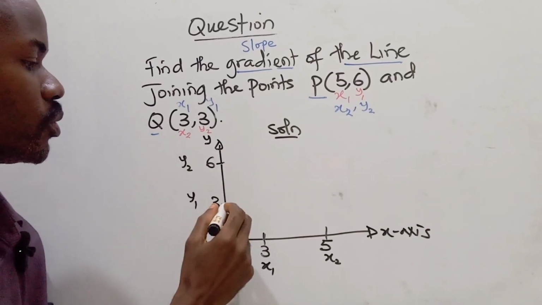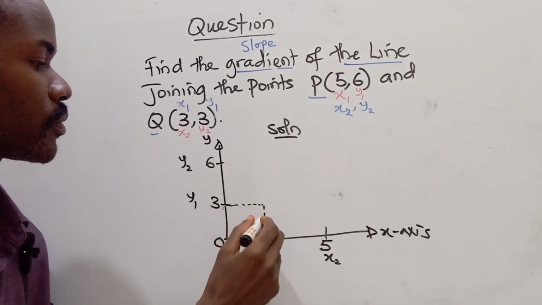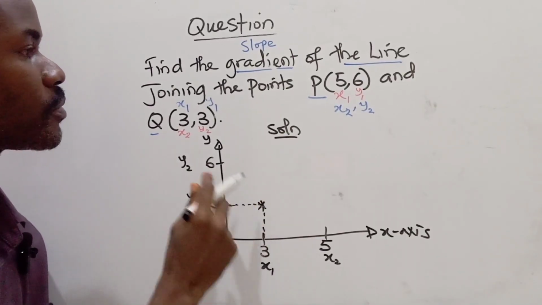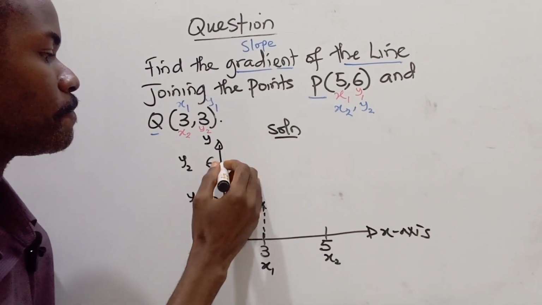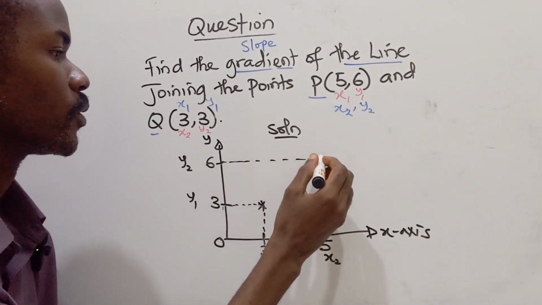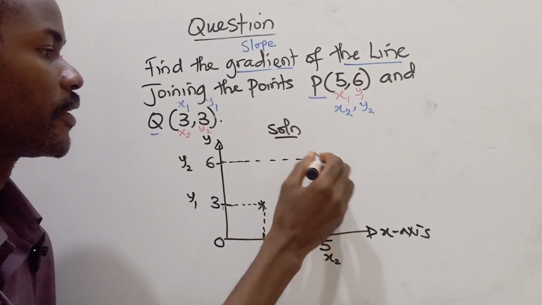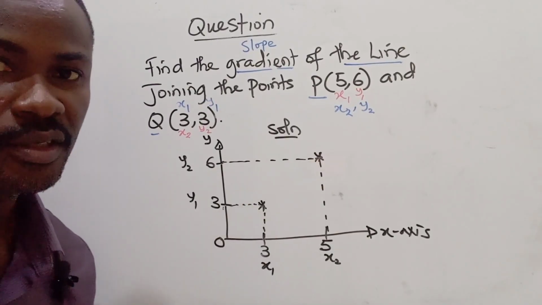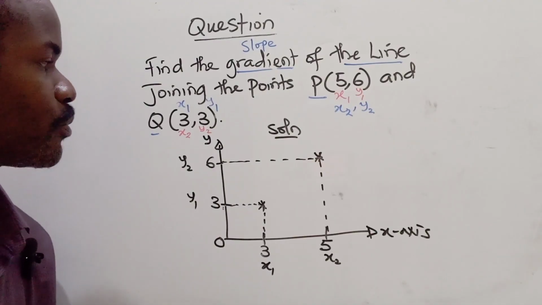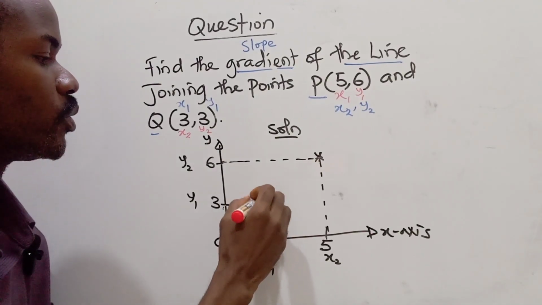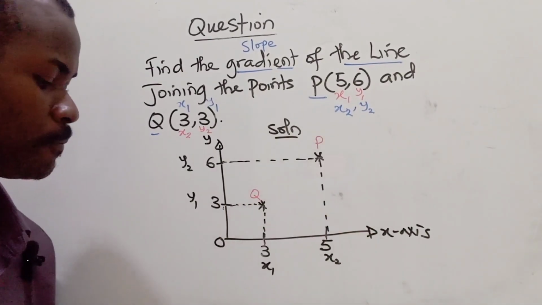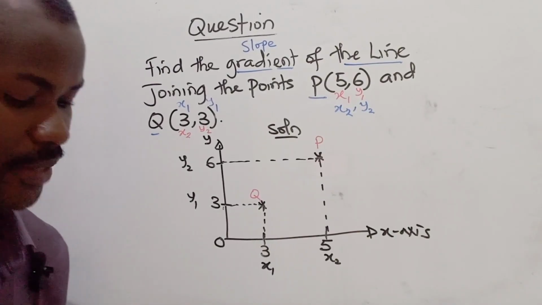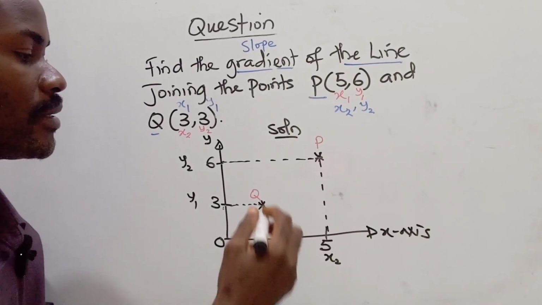So now with this, we can get our points. The point Q we have here, and the point P we have somewhere here. So where these 2 points meet, point Q and point P, we are now asked to find the gradient of the straight line.